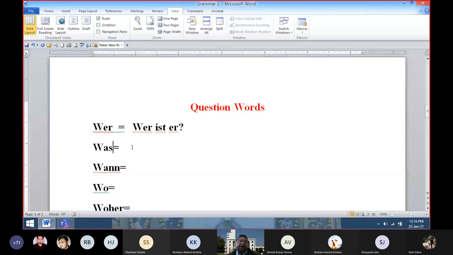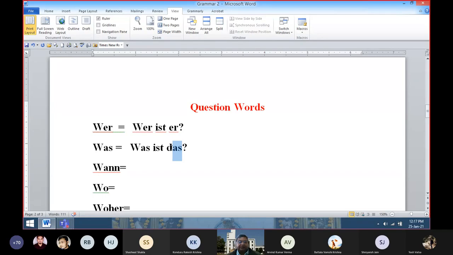Next one is was. What is the meaning of was? What. And generally this is used for things or items, etc. Like somebody is asking, was ist das? What is this? As you know, I have given the meaning of das. One meaning of das is also this. Here it is not the article form. Articles will always be with some noun.